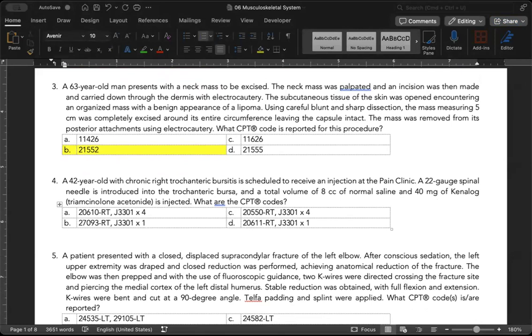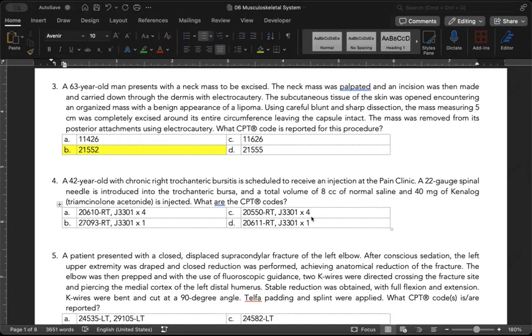There's a 22 gauge spinal needle that's introduced into the trochanteric bursa, and a total volume of 8 cc's of normal saline, and then 40 milligrams of Kenalog, also known as triamcinolone acetonide, is injected. So for this one, we have J3301s in all 4.